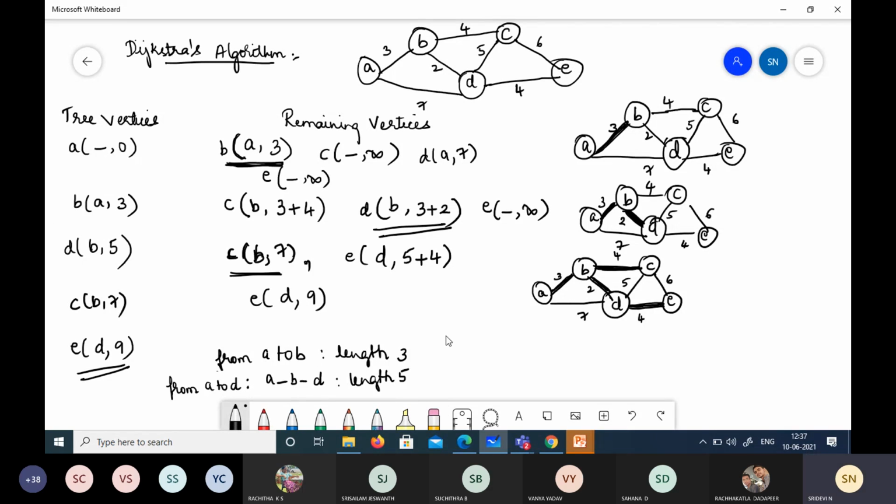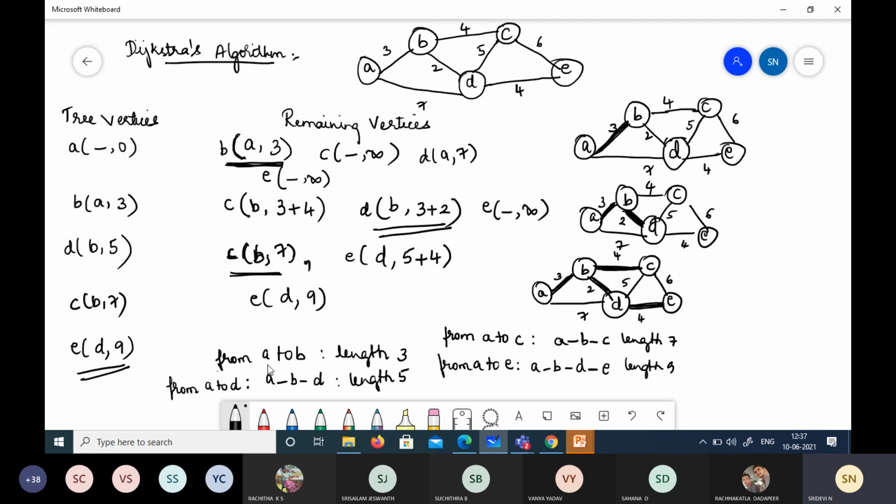And the length from A to C takes the path A, B, C, and the length is 7, isn't it? And from A to E, we have A to B, then D, then E, and the length is 9.